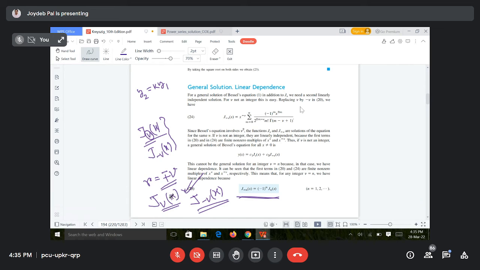Means whenever nu is an integer, in that case I cannot write c1 J nu plus c2 J minus nu as a general solution, because J nu and J minus nu are dependent. Apart from it we can write the general solution. Means if nu is not an integer, in that case c1 J nu plus c2 J minus nu is a general solution. Do you get it?